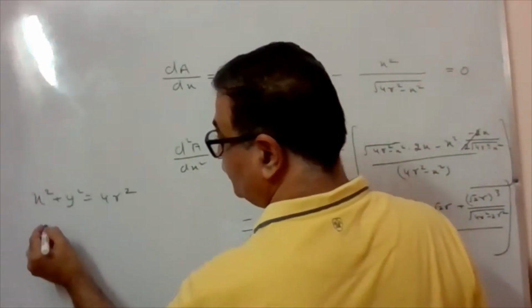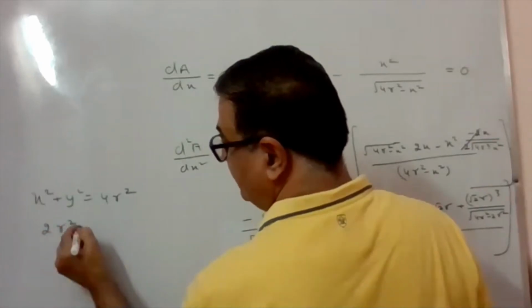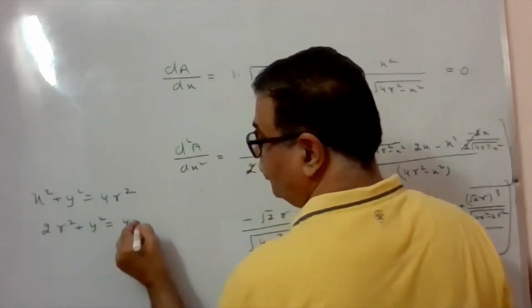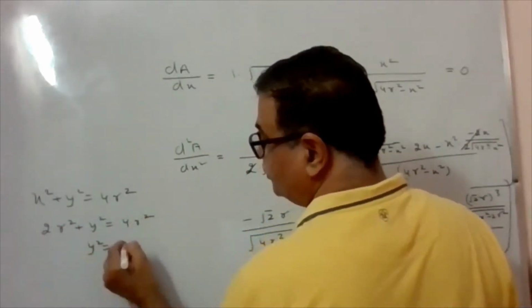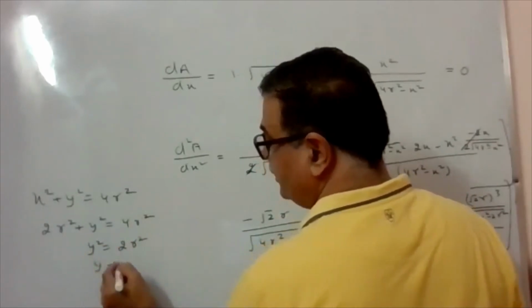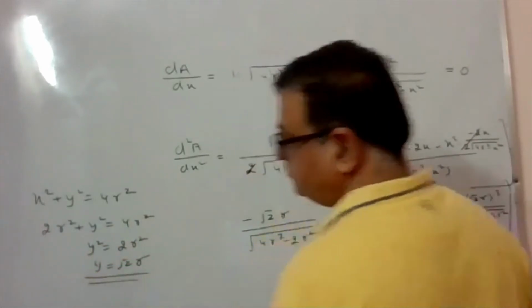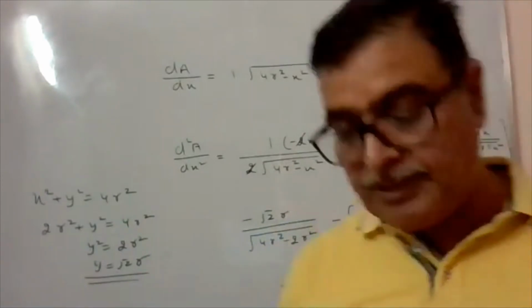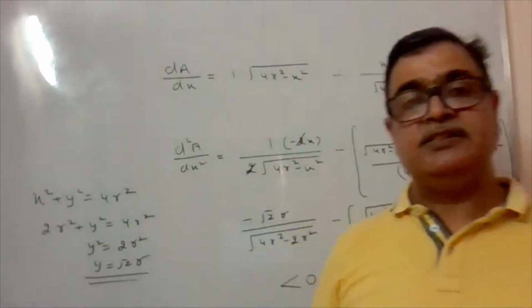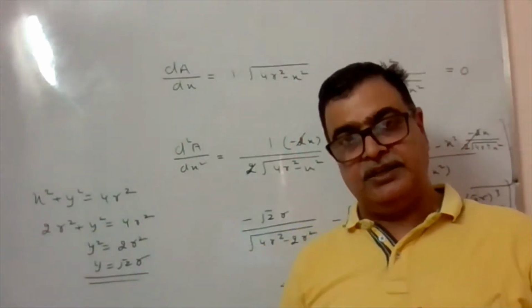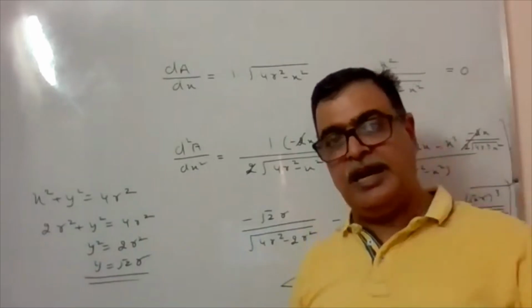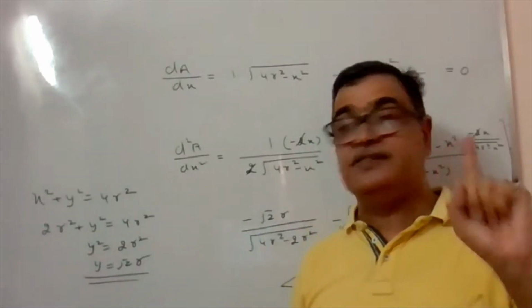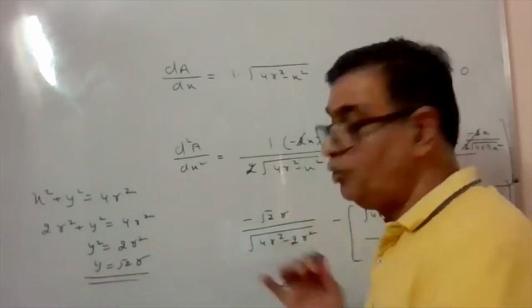So when you take root 2r, it will come 2r square plus y square will be 4r square. So y square come out to be 2r square, y is coming root 2r. That means x and y are coming same, and if x and y are same, we will say yes, it is a rectangle. Rectangle has the area maximum when it is a square, because x and y both are coming equal.